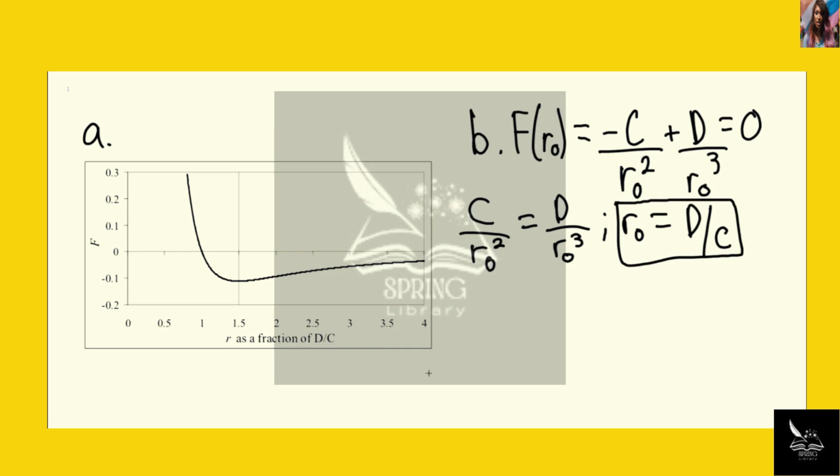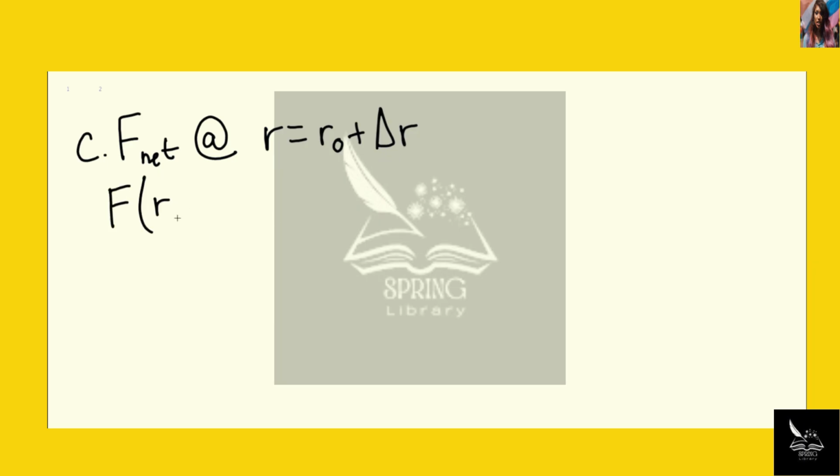Now, for part C, we're trying to find the net force at r equaling r0, the equilibrium position, plus the change in r, delta r. So we can say that F(r0 + delta r) would be equal to negative c over (r0 + delta r) squared plus d over (r0 + delta r) cubed. We're simply substituting.